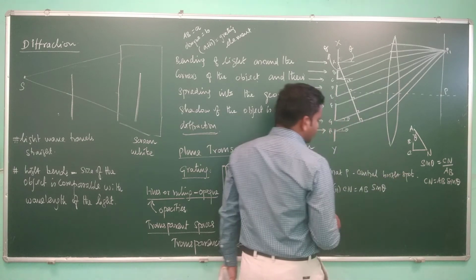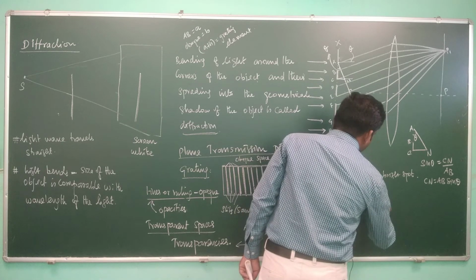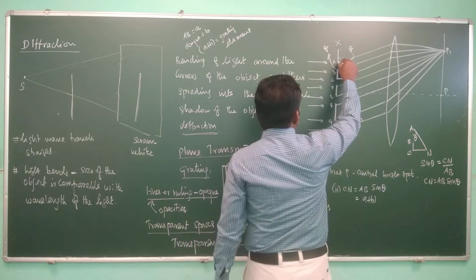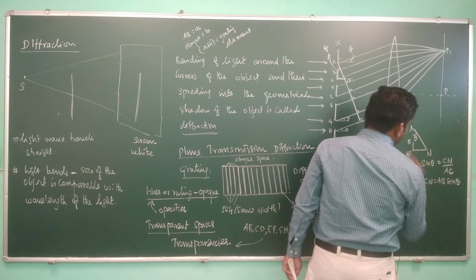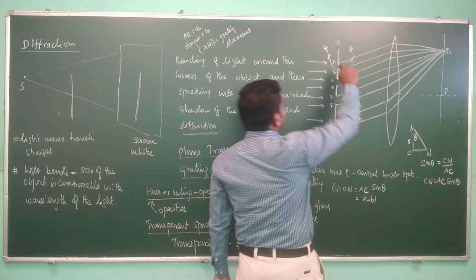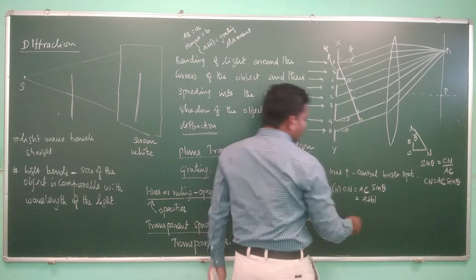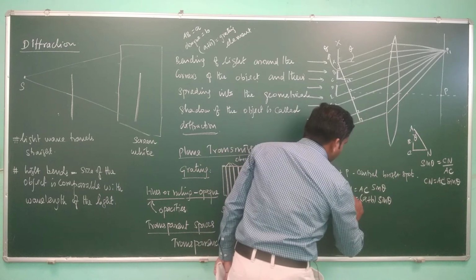But what is AB? This is not AB, it is AC here. AC is nothing but AB plus BC, that is a plus b, so (a plus b) sin theta is equal to Cn.